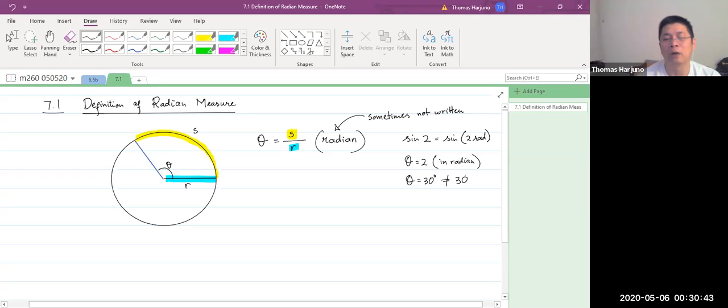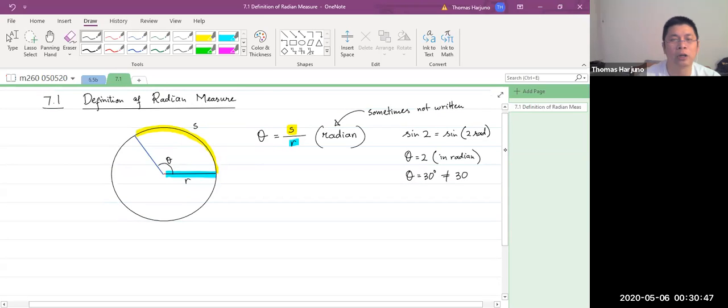In this section, the focus is on the conversion between radian to degrees and degrees to radian. But let's first see how we will do the conversion.